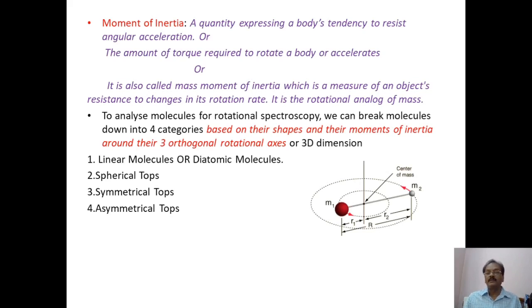Moment of inertia is a quantity expressing a body's tendency to resist angular acceleration. We can also say it is the amount of torque, that means the force required to rotate a body or accelerate the rotation. It is also called mass moment of inertia, a measure of an object's resistance to change in its rotation rate, or the rotational analog of mass.